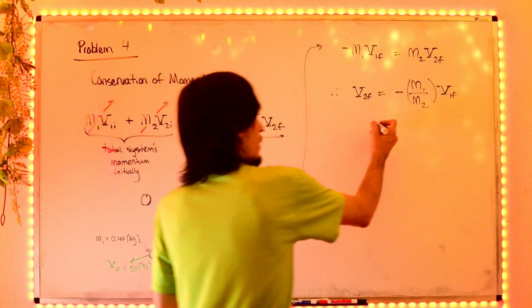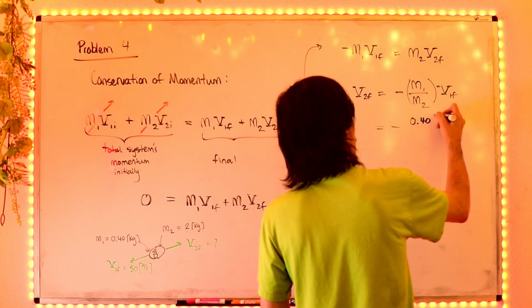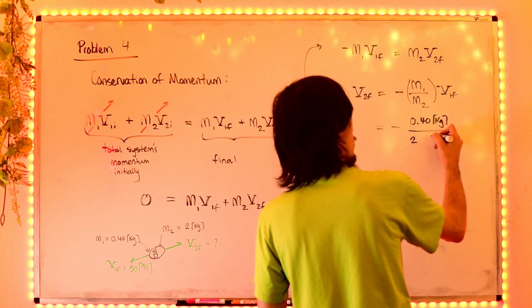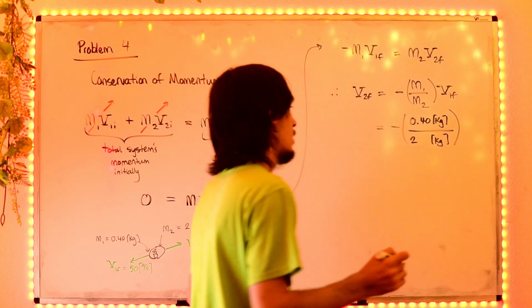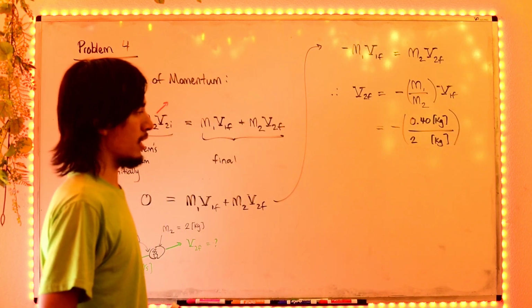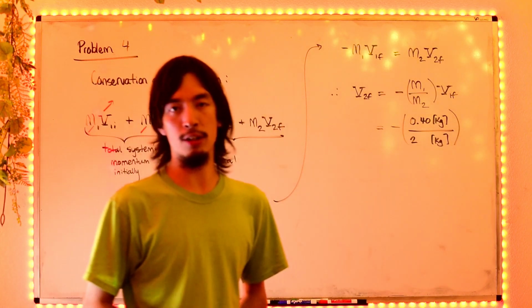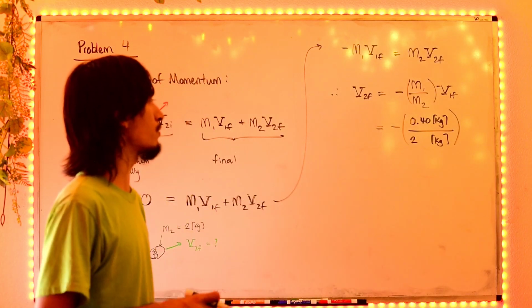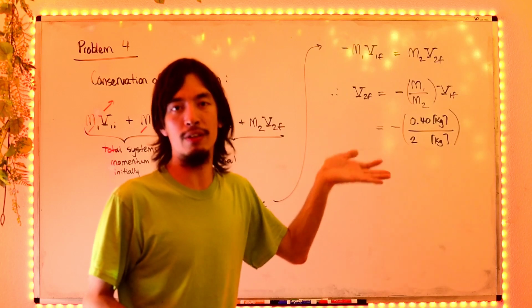So in this case, mass 1 is 0.40 kilograms, and then M2 is 2 kilograms. 2 kilograms is going to be, I think that is 5 times bigger. So if you just simply said that mass 2 is 5 times larger than mass 1, you could plug in a fifth and it will give you the same answer.